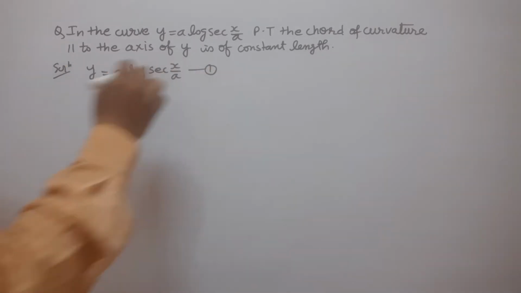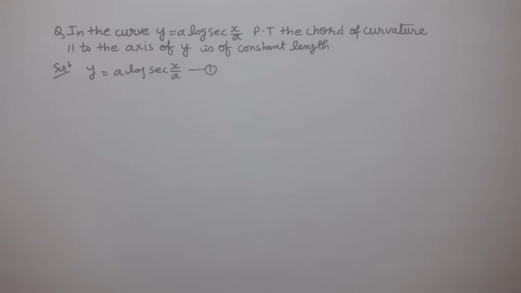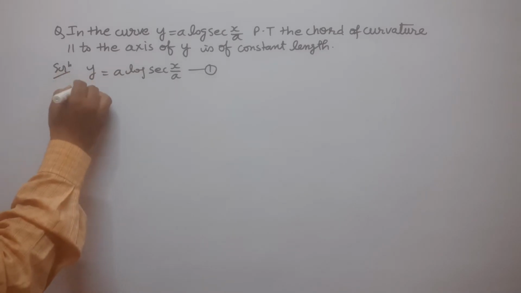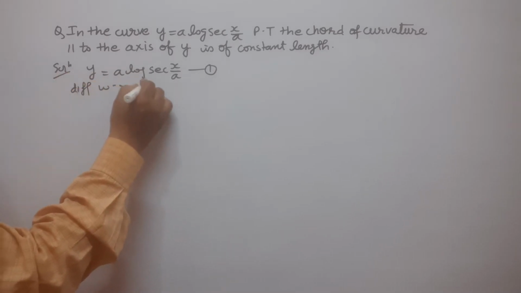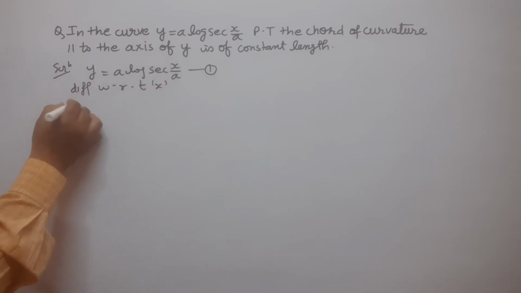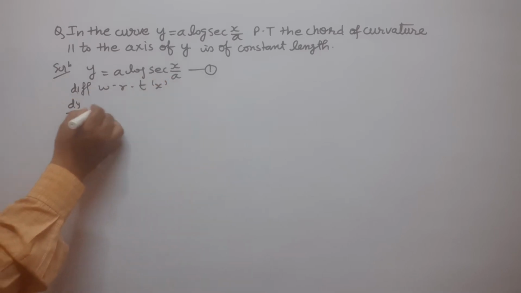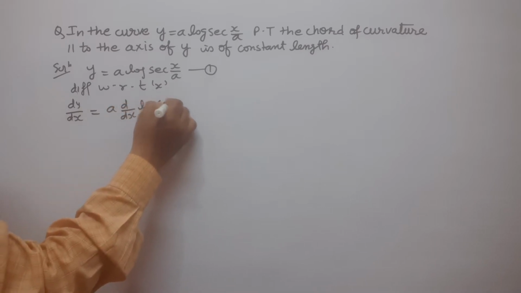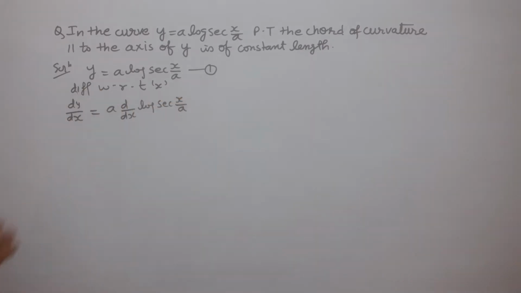Since this is the Cartesian curve, because it is in terms of x and y, we first find dy by dx. So differentiate with respect to x here. We get dy by dx is equal to a d by dx of log of sec x upon a. Here a is constant.